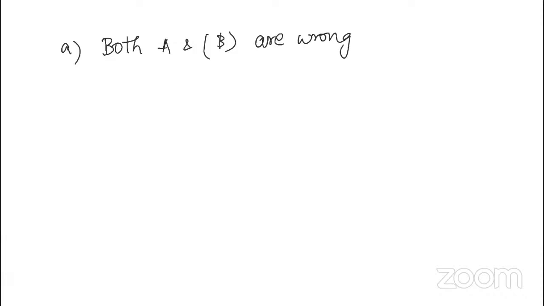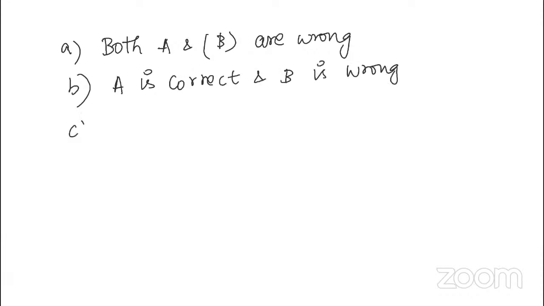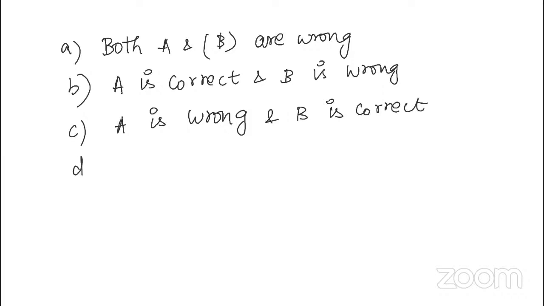And B, A is correct and B is wrong. And C, A is wrong and B is correct. And D, both A and B are correct.